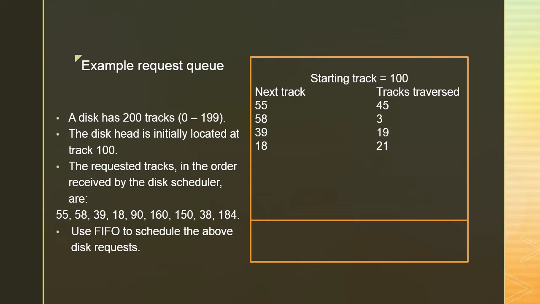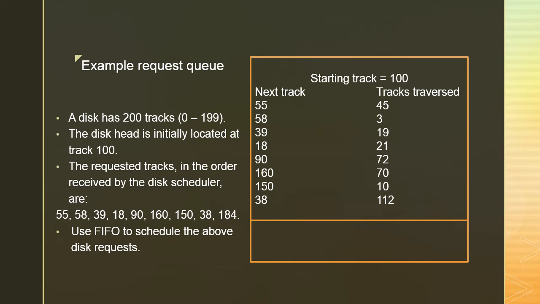Then it goes to track number 90 and covers 72 tracks. Then it goes to track number 160 and covers 70 tracks. Then it goes to track number 150 and covers 10 tracks. Then it goes to track number 38 and covers 112 tracks.